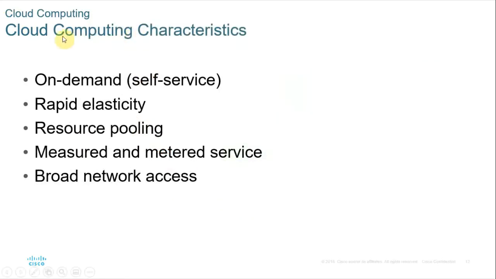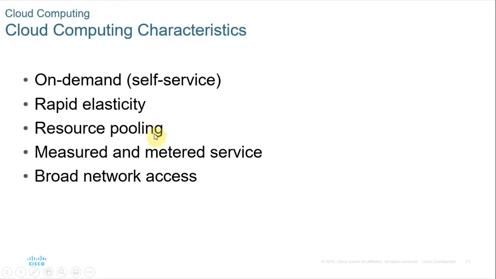We are going to discuss the cloud computing characteristics. It is on-demand self-service: only when you need it, you use those services. That is called self-service. Rapid elasticity: it can keep on extending and you can reduce it also.